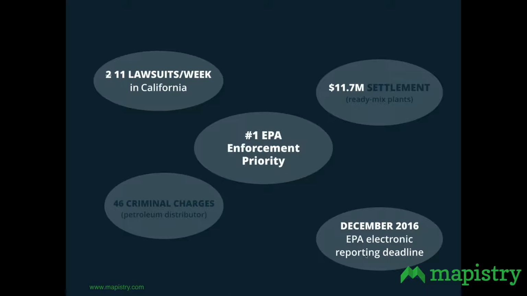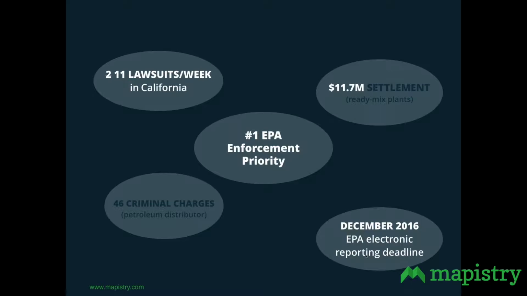The other thing is electronic reporting. So EPA in December 2016 is mandating electronic reporting from the states. That's trickling down to the different states saying that facilities need to start reporting stuff electronically. What electronic reporting does is puts more transparency on the status of stormwater programs across the US. And that is also forcing environmental groups to be able to see this data.